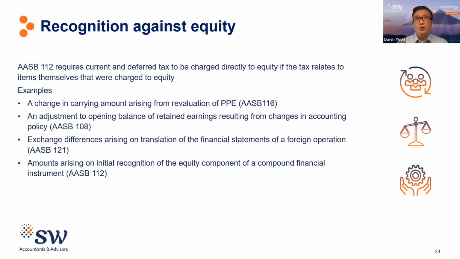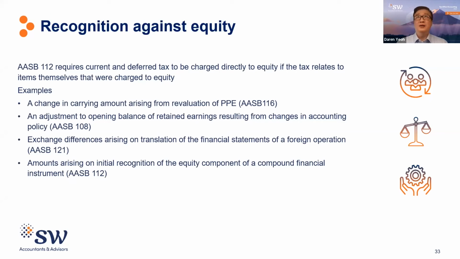And you will note that you have certain accounting entries which you post against the equity section of your balance sheet. Some of the examples are you might revalue an asset, or when you apply a new accounting policy or accounting standard, you might make an adjustment to your opening balances against your retained earnings.